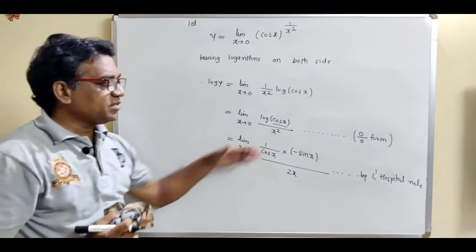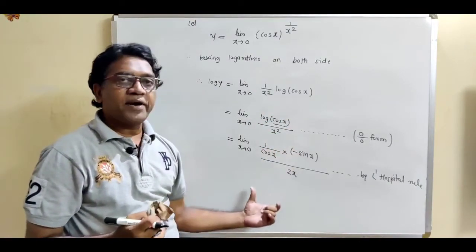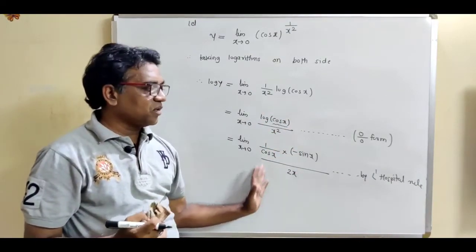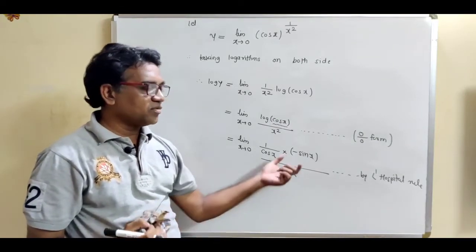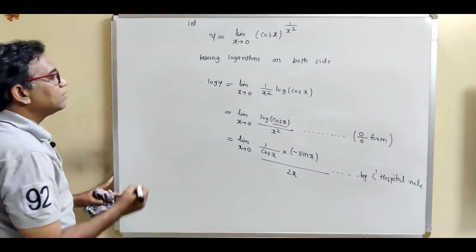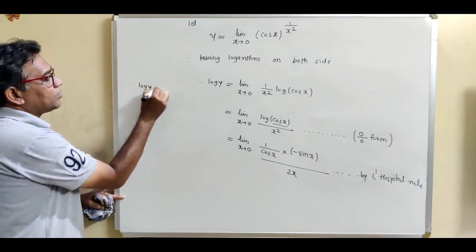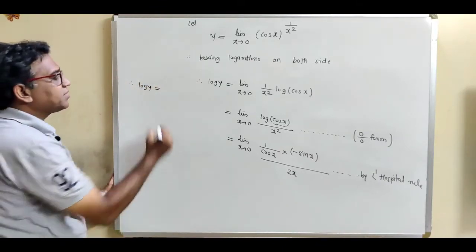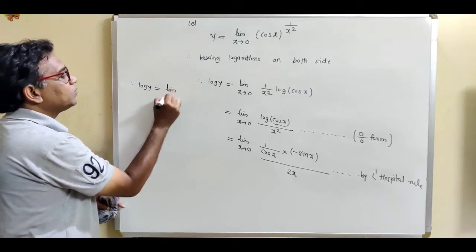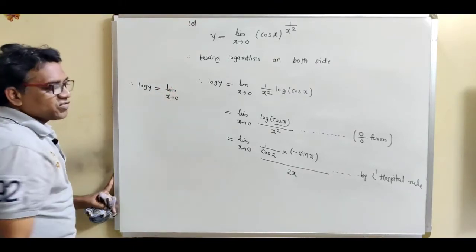If the limit form is 0 by 0, then just take the separate derivatives. So this is our left-hand side, log y is equal to the limit as x tends to 0.